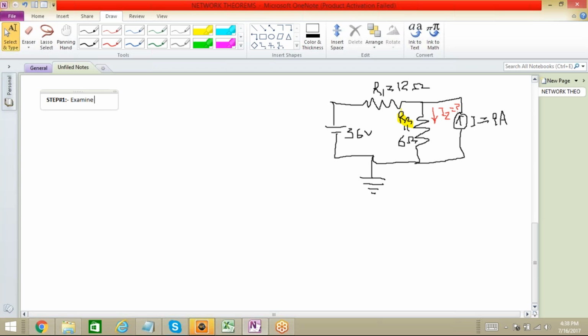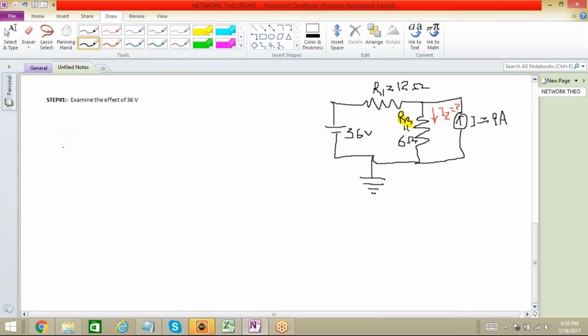I hope you remember, if we are replacing a current source, we must replace it with an open circuit. So let me redraw the circuit.